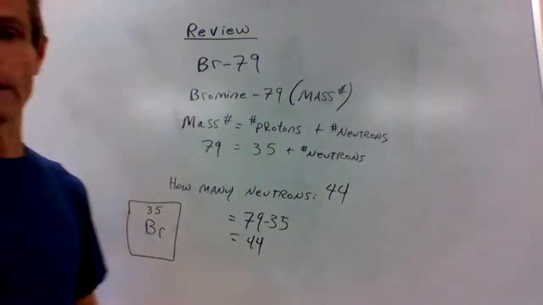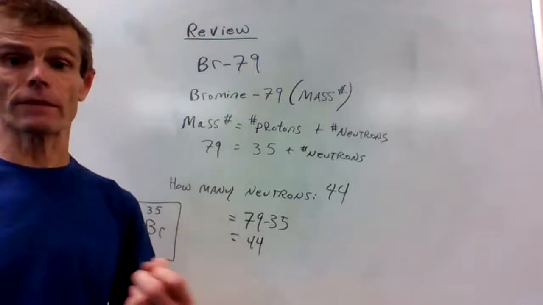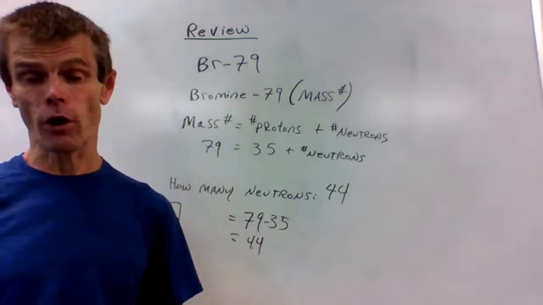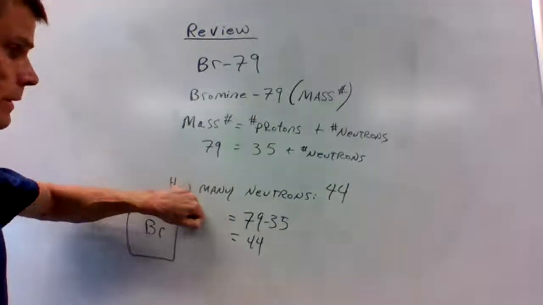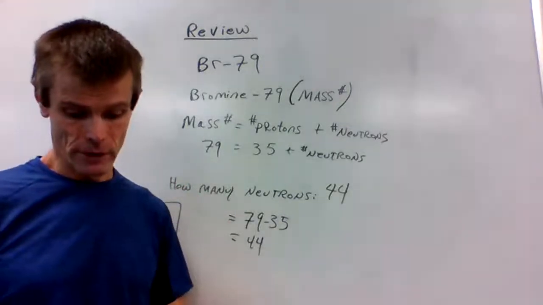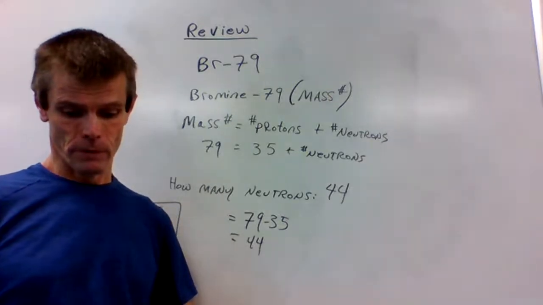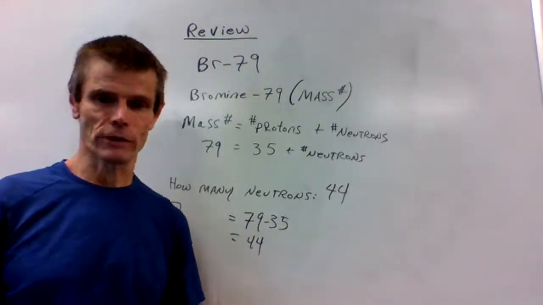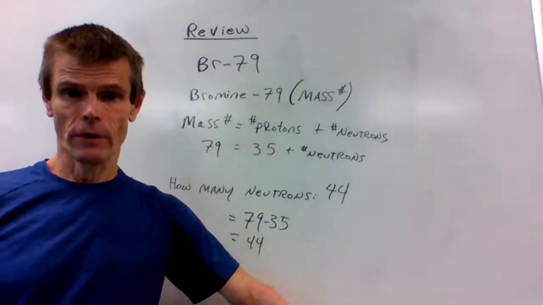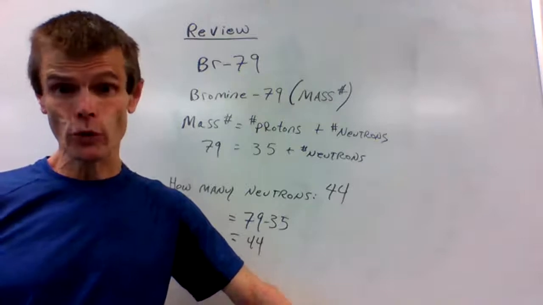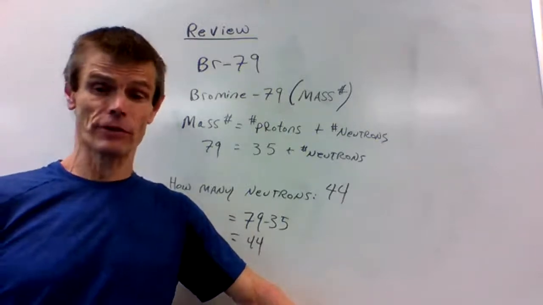So that's another example of how we can use a shorthand notation to represent the number of subatomic particles, or if we ask you about one specific subatomic particle, such as the number of neutrons, then you should be able to answer that question. So, conceptual question. Isotopes. What do they have different numbers of? Well, they have different numbers of neutrons, and therefore they're going to have different mass numbers.